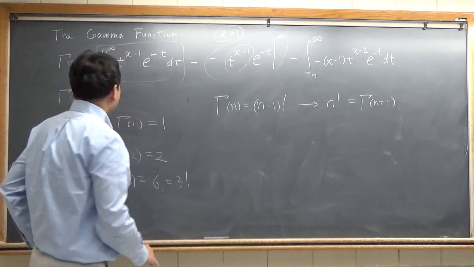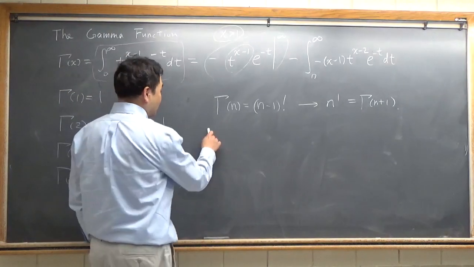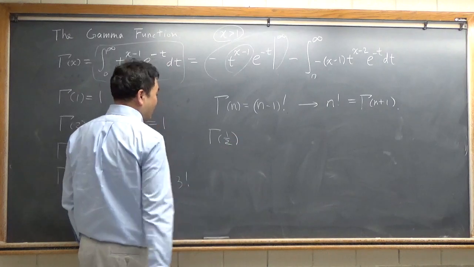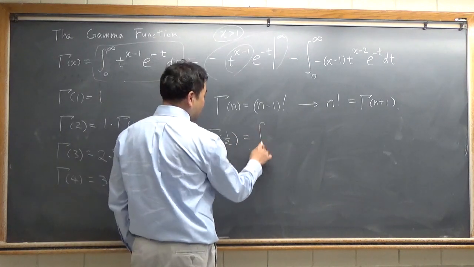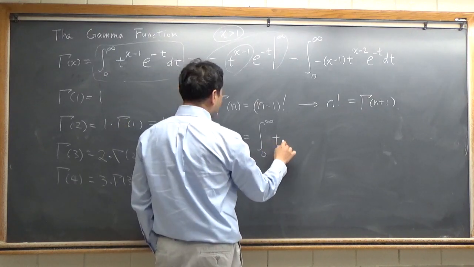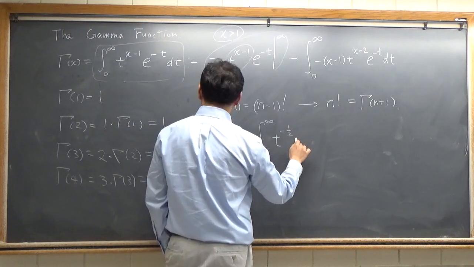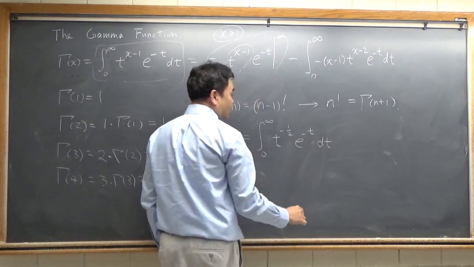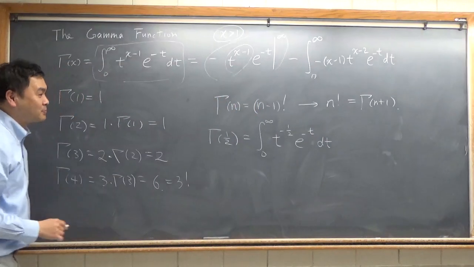Another thing that's often used and quite amusing is that gamma of 1/2, which is defined as the integral from 0 to infinity of t to the negative 1/2 e to the negative t dt, is equal to square root of pi.